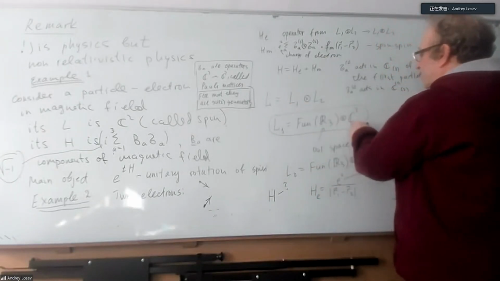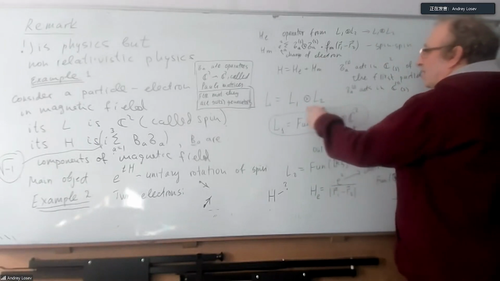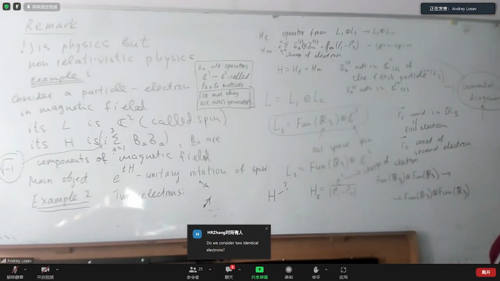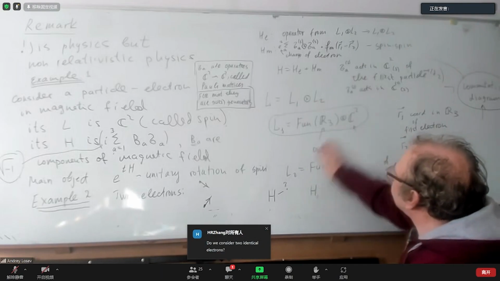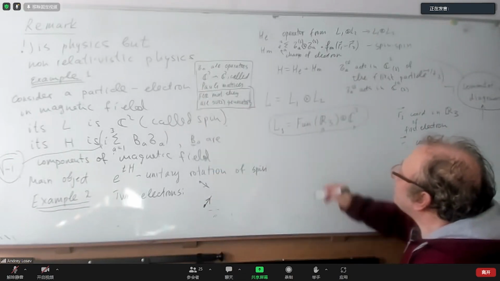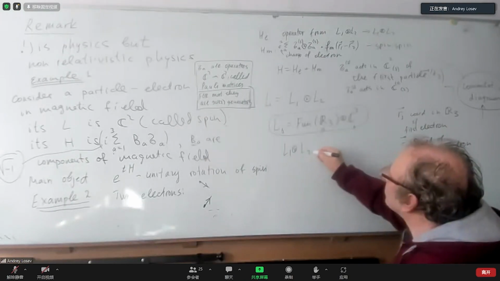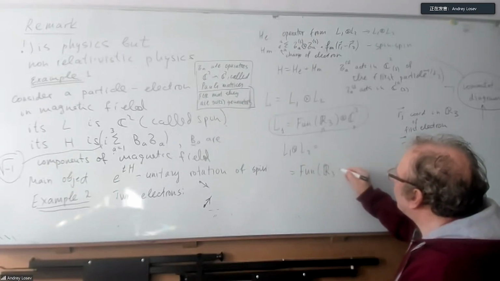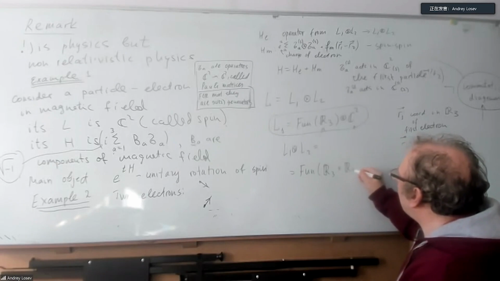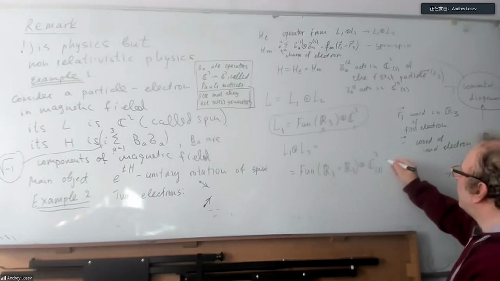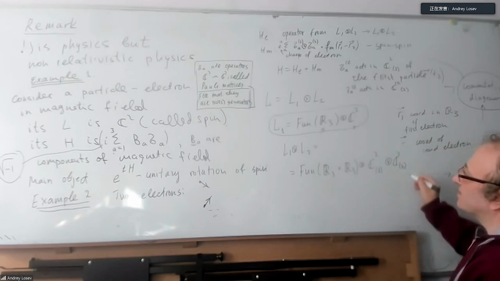So each L has its own C squared. When I take tensor product, okay, since it's an example, it should be given in detail. L1 tensor L2 is a function on R3 tensor R3 tensor C squared that I call first, tensor C squared that I call second.